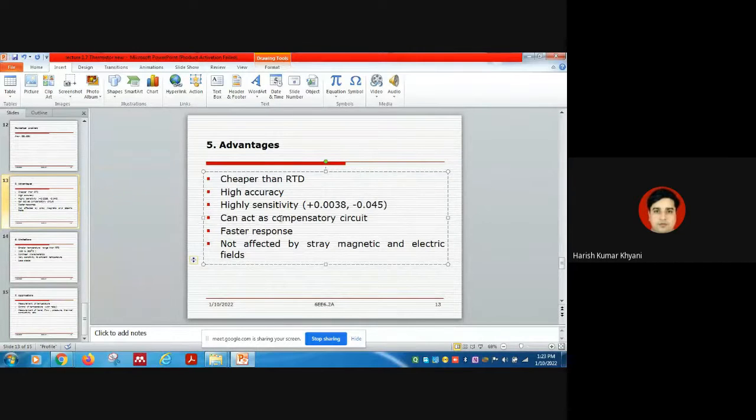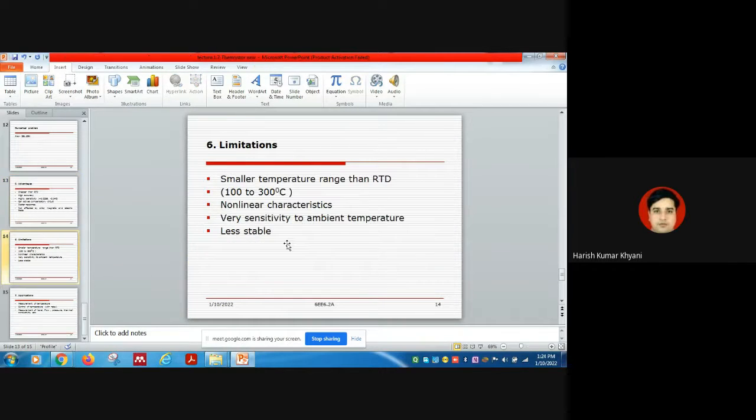So the increment in resistance with increment in temperature, you can nullify by just inserting a thermistor, right? As far as the response is concerned, thermistors have a faster response as compared to the RTD, right? And one more important aspect is it is not affected by stray magnetic and electrostatic fields.